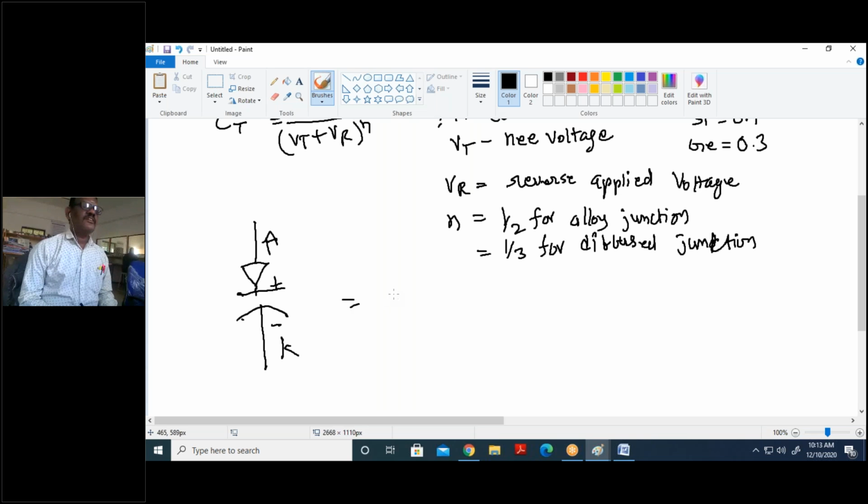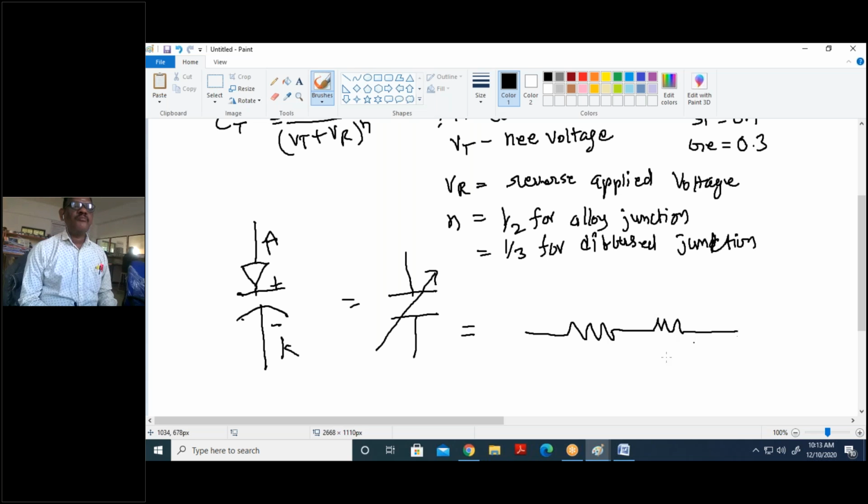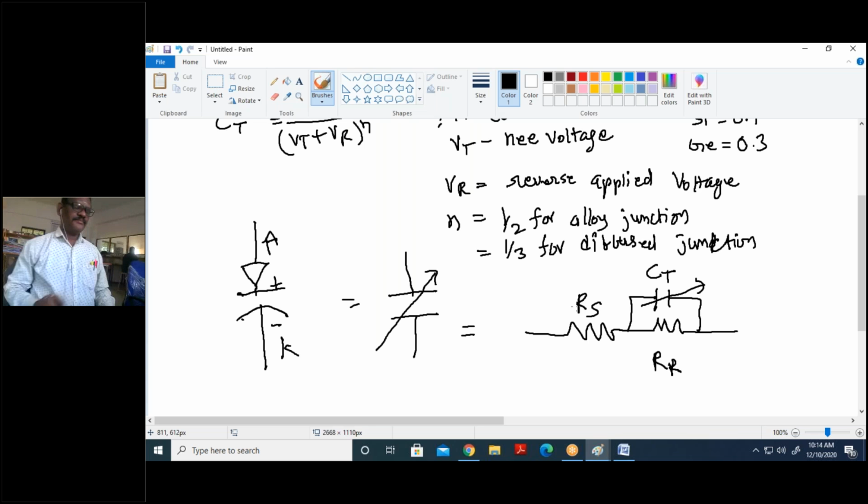So this is the equivalent of a variable capacitor, and its equivalent circuit: RS is the source resistance, RR means reverse resistance, the reverse diode resistance, and CT is the transition capacitance in reverse bias.